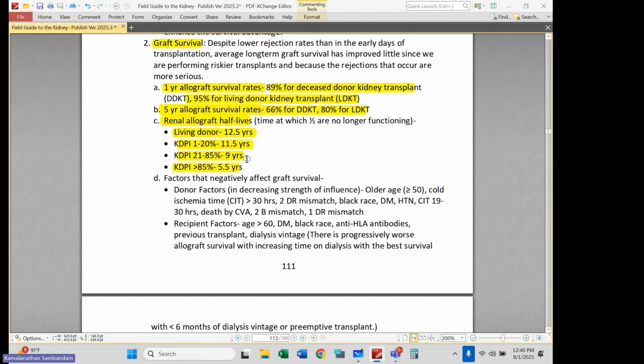Let's look at this in particular. These are, let's call it your standard run-of-the-mill kidneys, this KDPI 21 to 85. So you can say a half-life of around 10 years. Okay. And the high KDPI kidney, you can see, has a half-life of only 5.5 years.